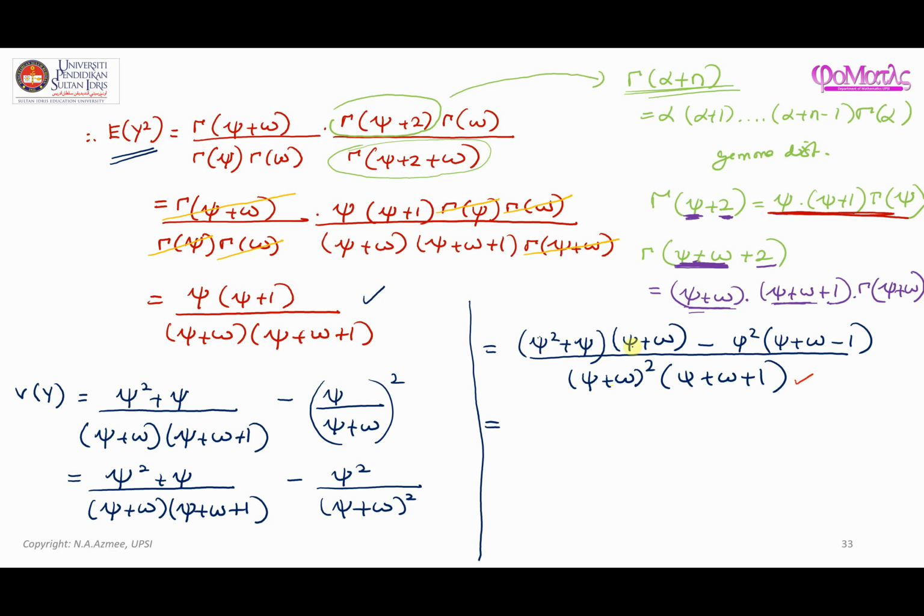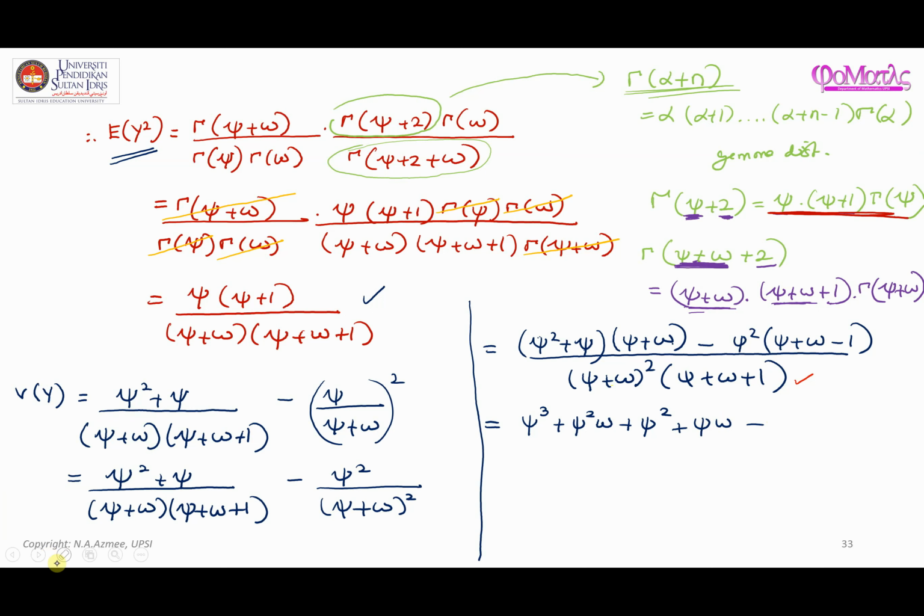So that's what we're going to do. Psi squared multiplied with psi, you get psi cubed. Psi squared with omega, psi squared omega. Psi with psi, we get psi squared. Psi with omega, psi omega. Okay, next, minus. This one is negative, sorry.